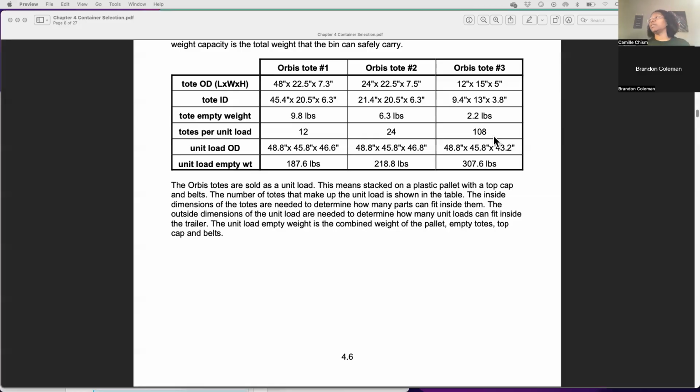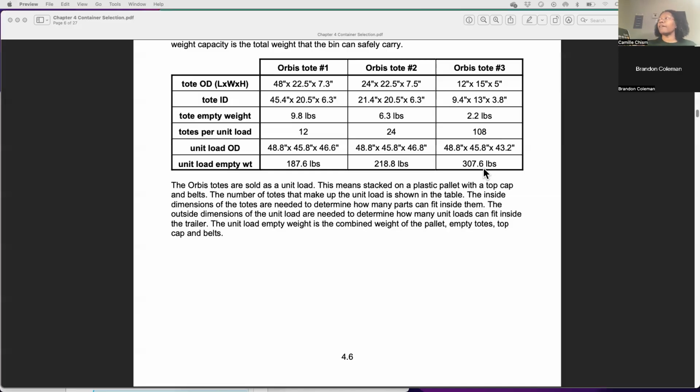So now you need to take that, but you can see that there's a weight of your unit load, which is going to be your totes. And I believe this should also have your pallet weight in here too. I don't know offhand. It doesn't say it, but it might. But it's giving you a unit load weight empty, so I would assume it includes that.